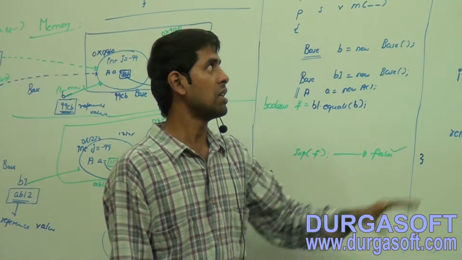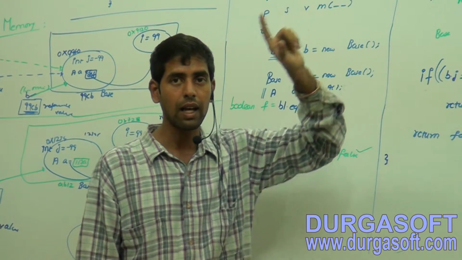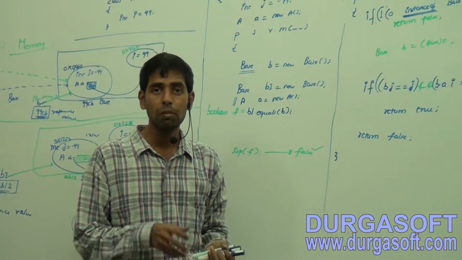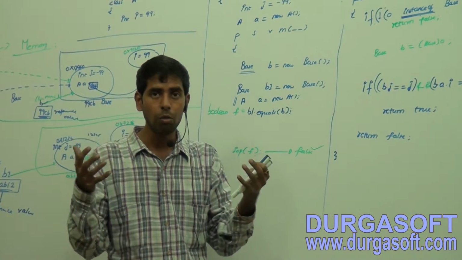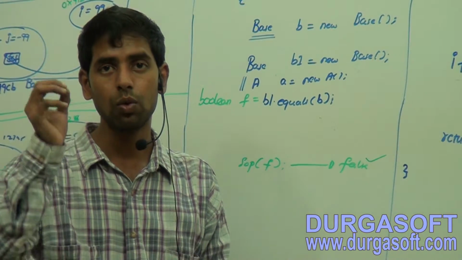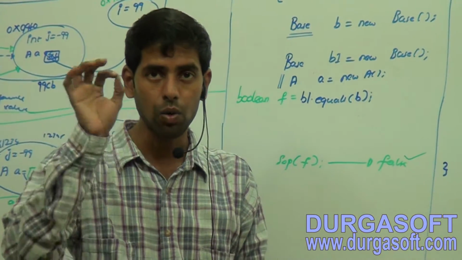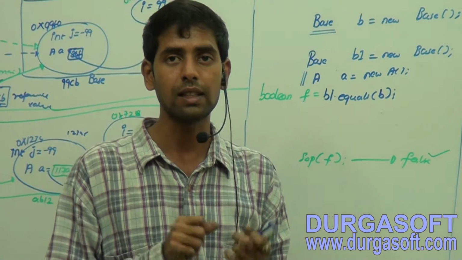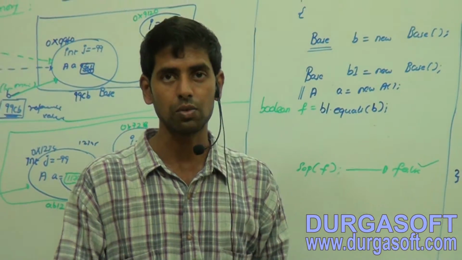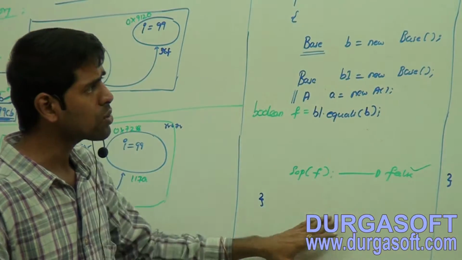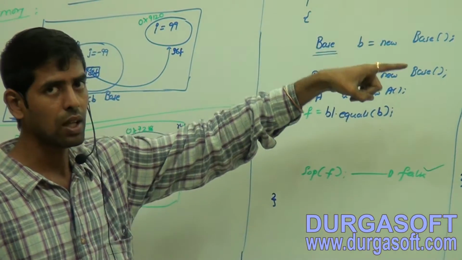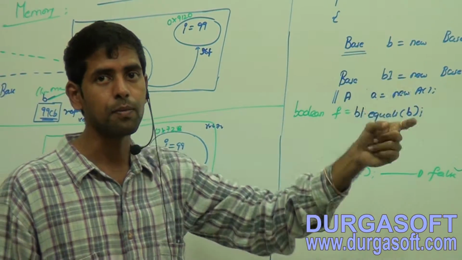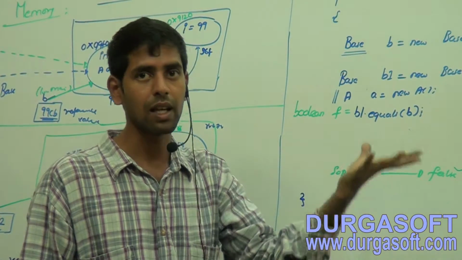And very important, the equals method and hashCode method will be used in combination to eliminate duplicates within the hashing related data structures. We'll discuss that. So I have overridden that particular method to compare the content of two similar objects.